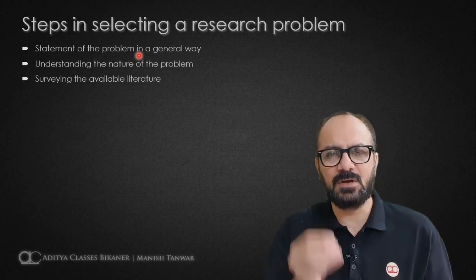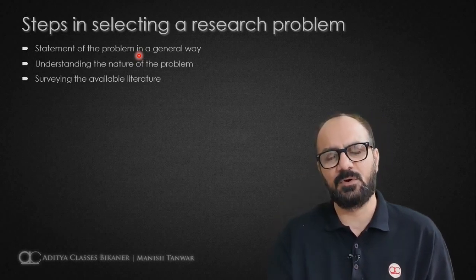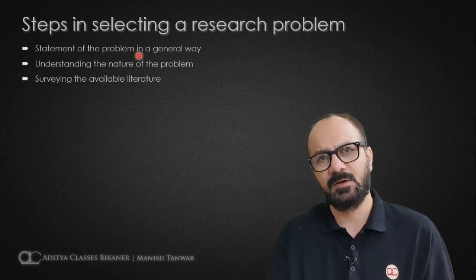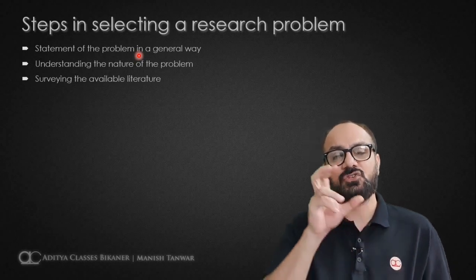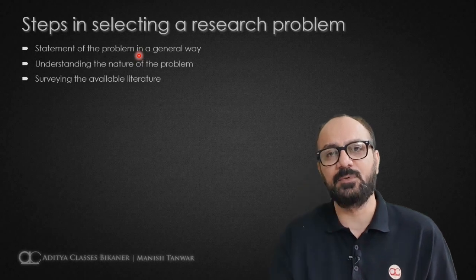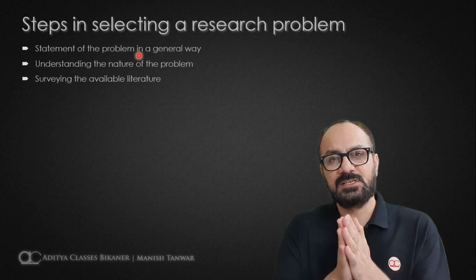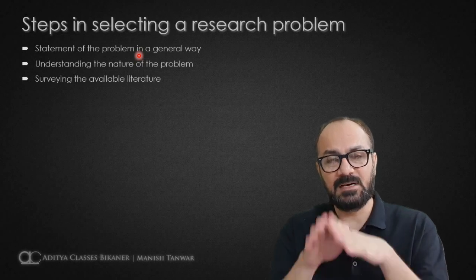Your sales are going down, go out and survey the available literature. What are the possible causes of sales going down? What are the possible causes of slow sales in 2020? What are the possible causes of slow sales or low sales volume in March 2020?